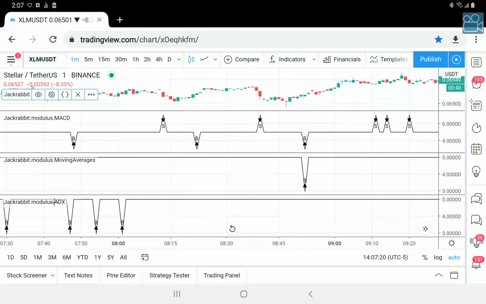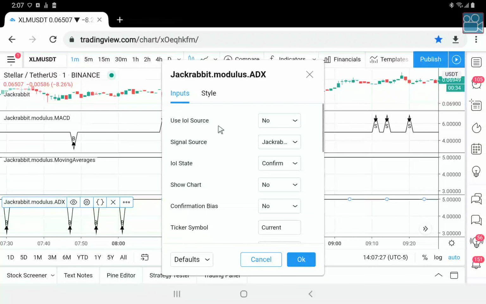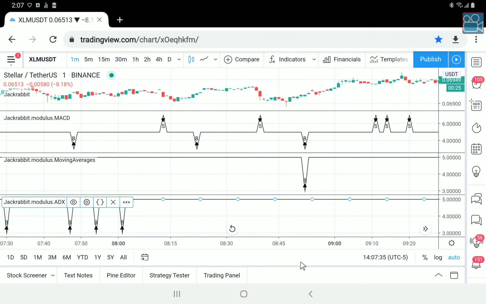But we can take, and let's switch ADX to aggressive mode. And let's see if we get a lineup here. Nope, no lineups.